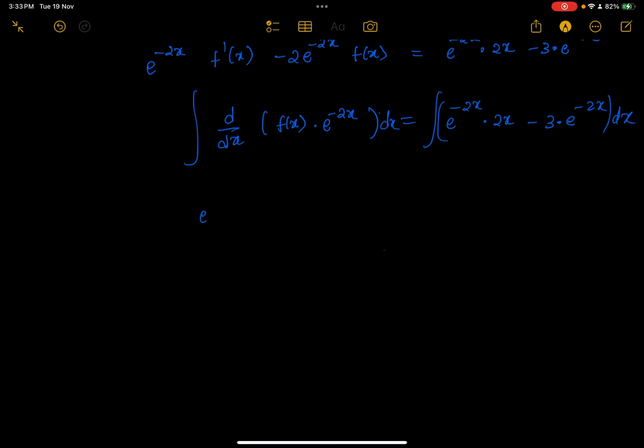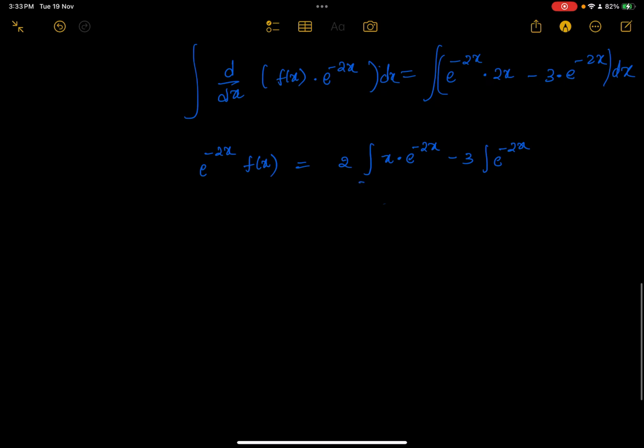So this will be e to the power minus 2x into f of x is equal to twice the integral of x into e to the power minus 2x, minus 3 times the integral of e to the power minus 2x. Let us find out this integral, x into e to the power minus 2x.